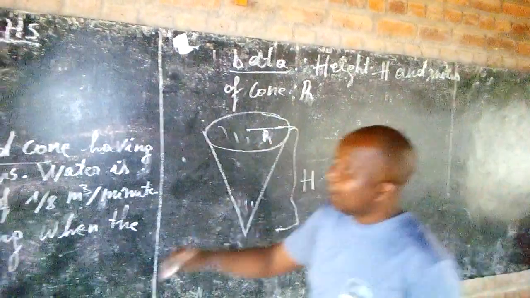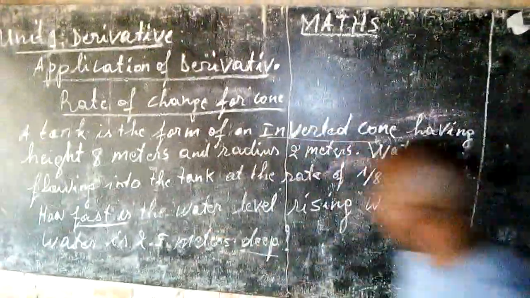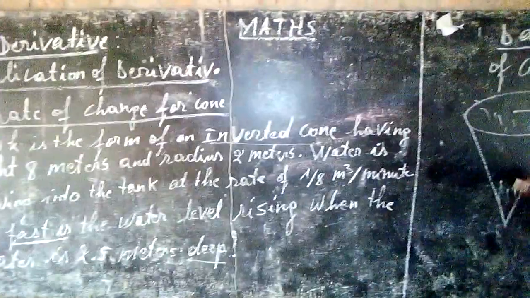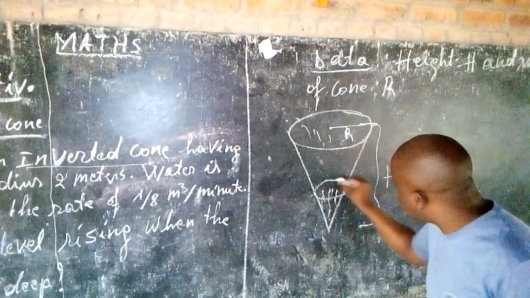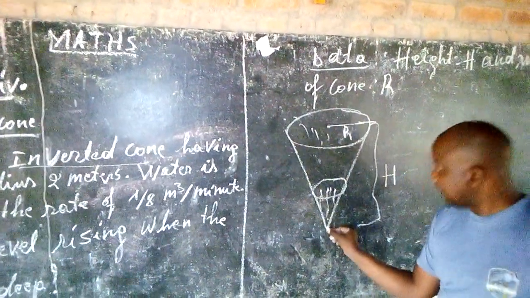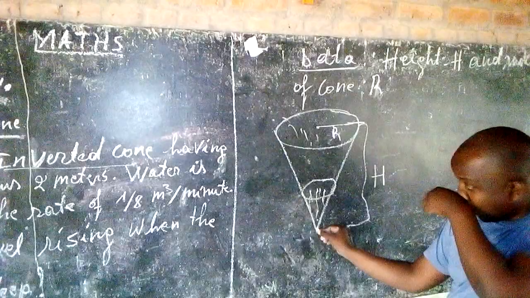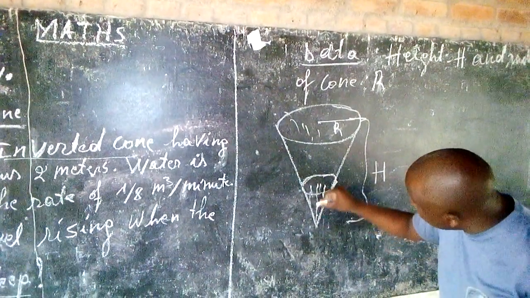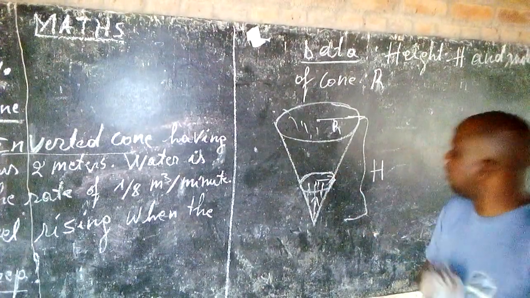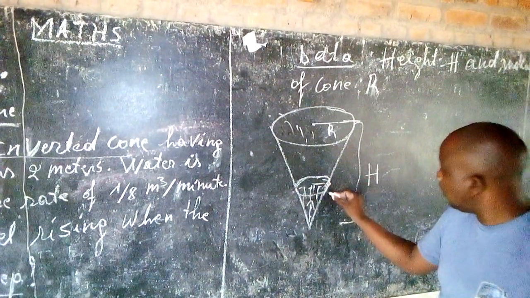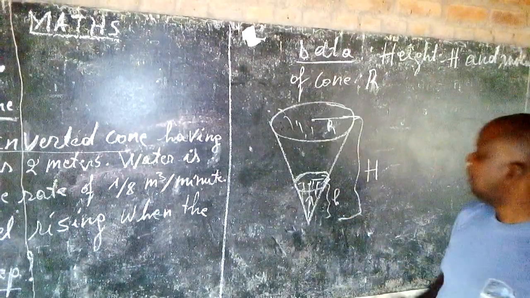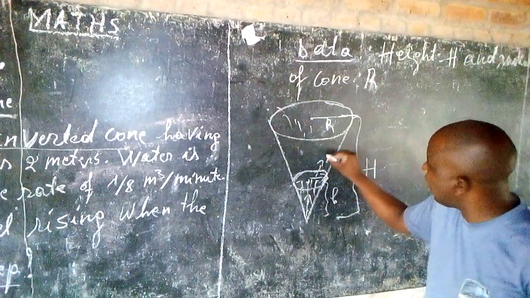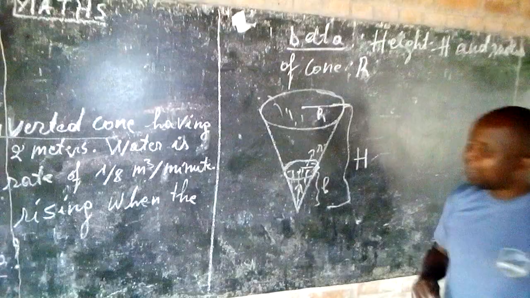The water flowing into the tank means the water comes here, and you see here we have one point of the cone at the beginning of this tank, and if the water increases, the radius also increases. It means here we have a small height and a small radius where the water is.